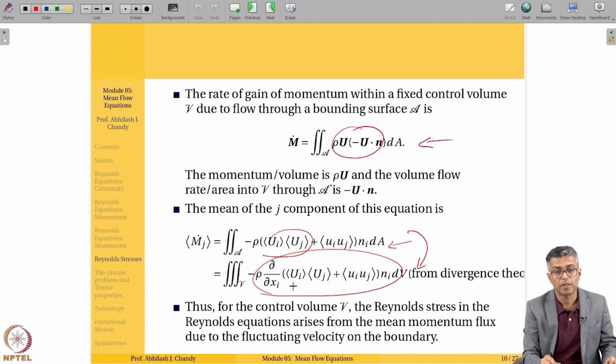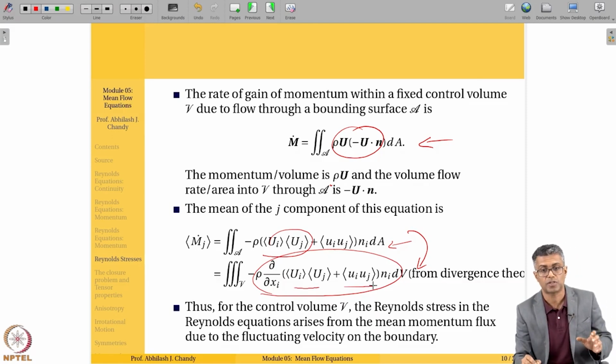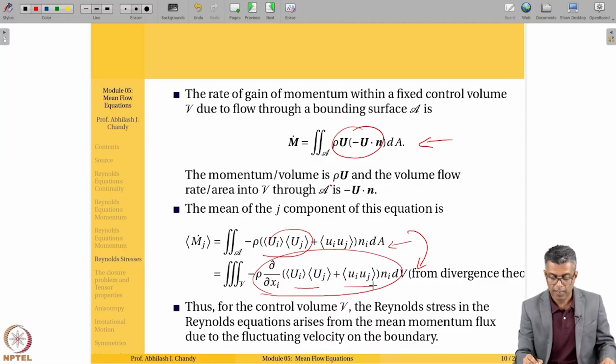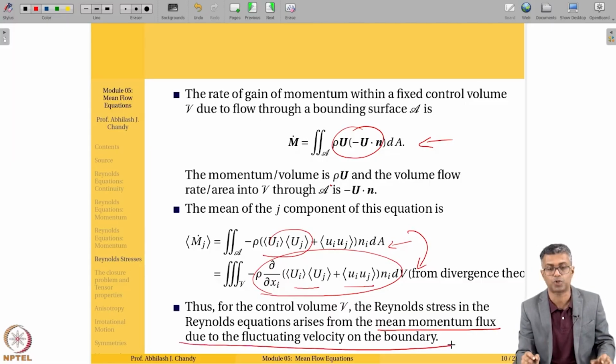One is the mean component here, and the other one is due to the Reynolds stresses as well. So that is what we mean by it arising from the mean momentum flux due to the fluctuating velocity at the boundary. That is where the additional gain in momentum comes from.